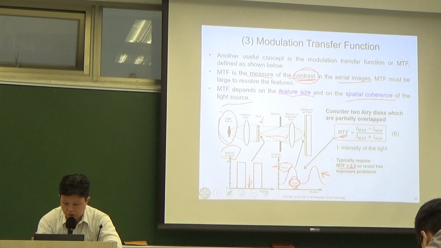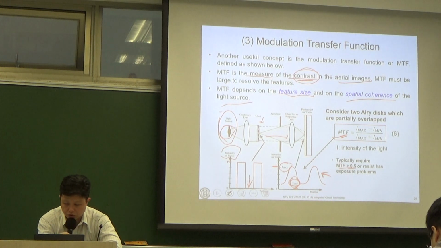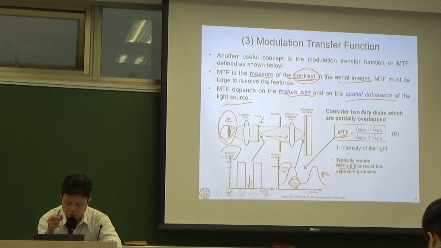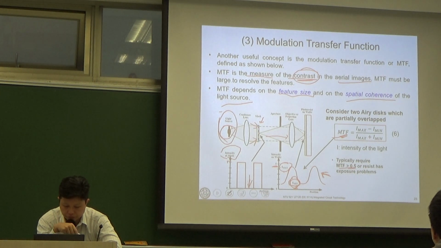Okay, so come back to here. Because your light source is not a point source, that will give you non-parallel light when it strikes this mask. It will become like this.